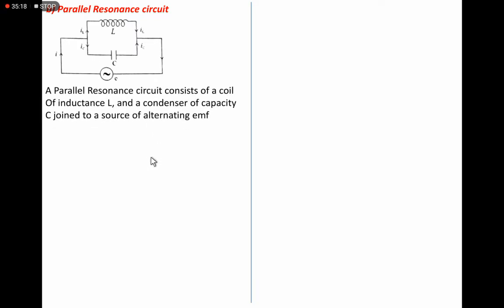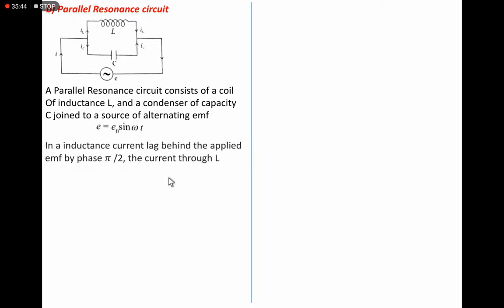So the circuit has inductance and capacitance across the source of EMF. It is the parallel combination. The EMF across inductance and capacitance will be the same, but the current will be different. It depends on the value of the inductance and the capacitance.